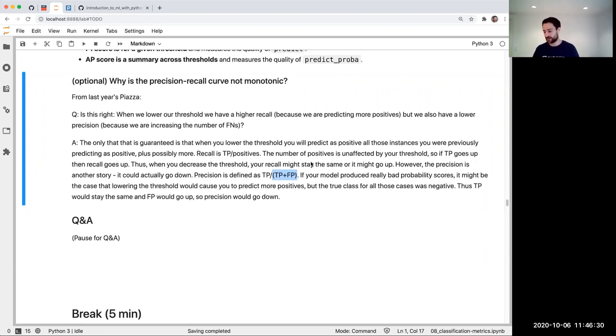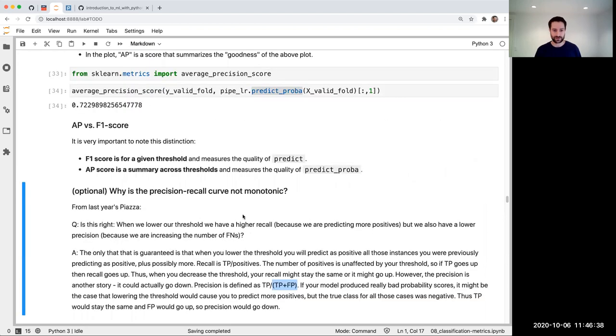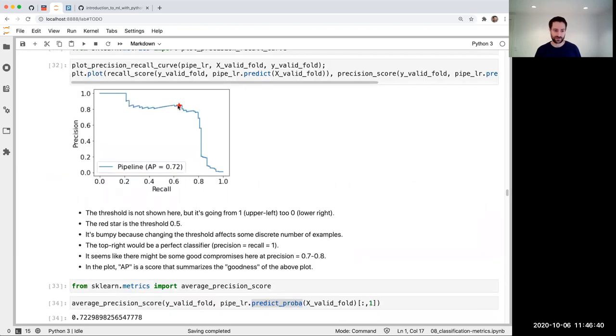Now you've gotten the same number right over a larger denominator, and so the precision goes down. That was this behavior over here that we saw, the precision going down when the recall also went down. In between these two thresholds, we had a bunch of bad probability scores, basically.